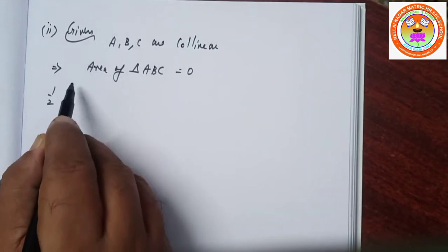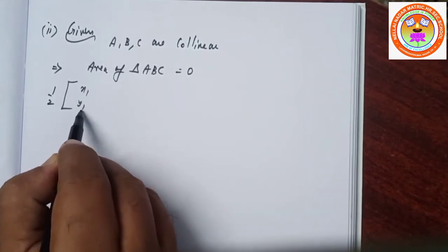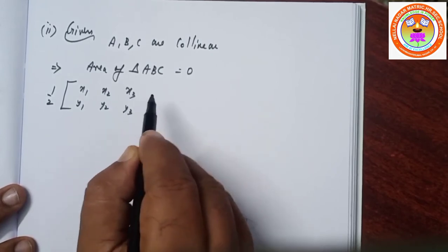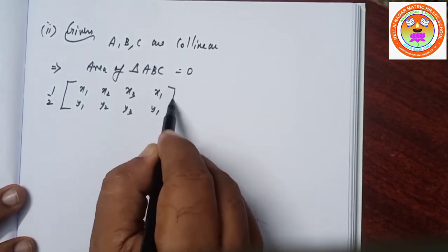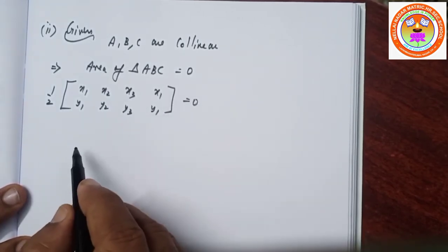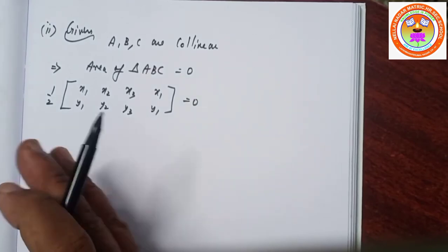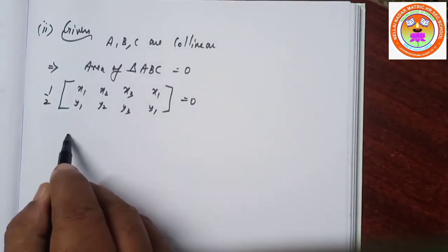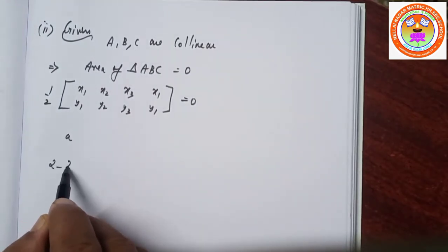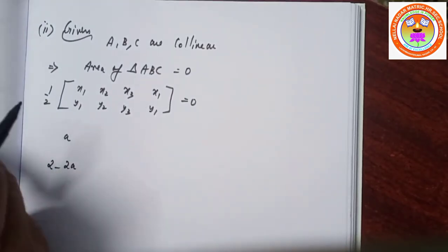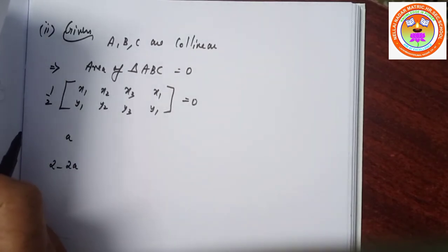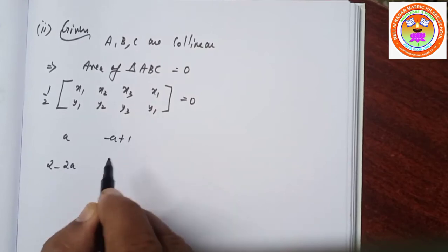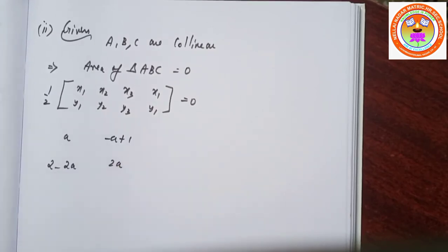Area of triangle half x1 y1 x2 y2 x3 y3, again you have to write x1 y1, that is equal to 0. x1 y1, that is given a, 2 minus 2a. B point, minus a plus 1 comma 2a.